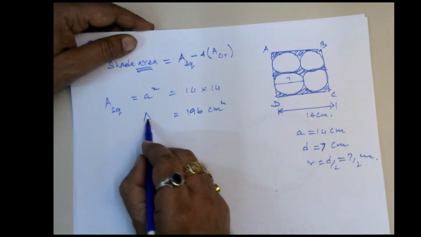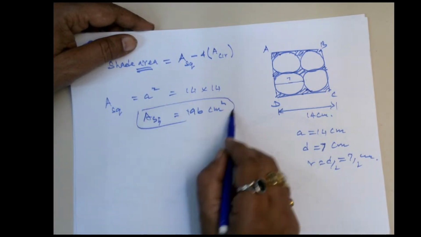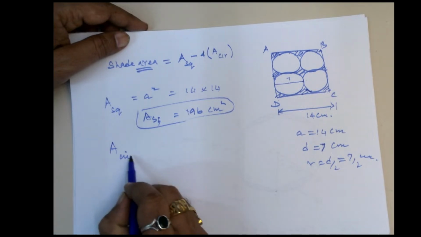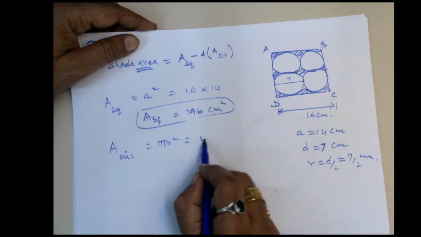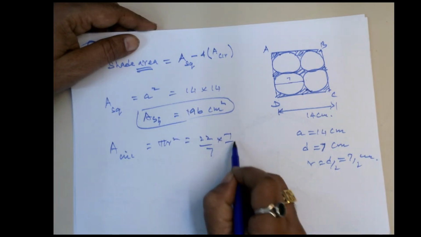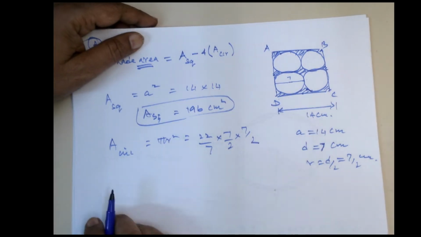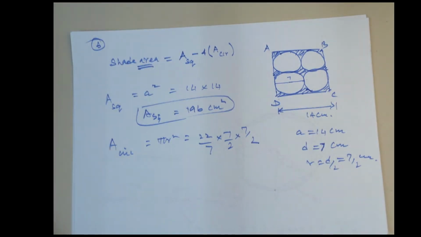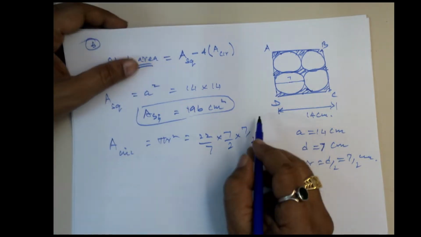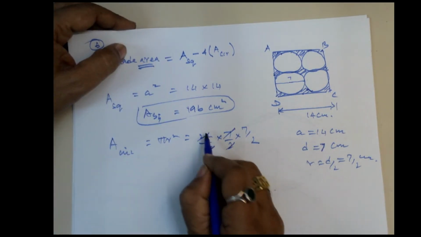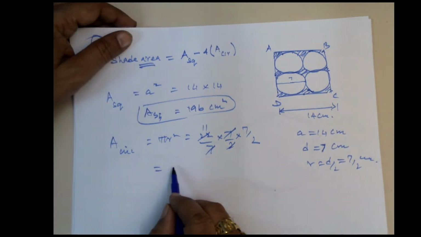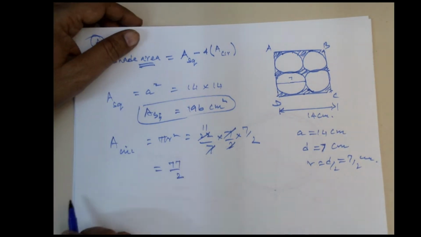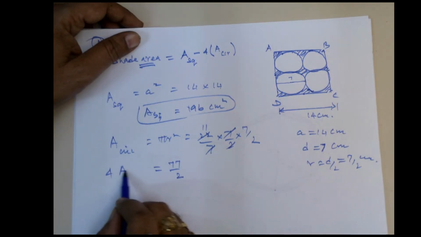So from this, you can calculate the area of circle. So area of circle is pi r squared. So 22 by 7 into 7 by 2 into 7 by 2. Okay. So it gives, that is 7 can be cancelled and this is 11. Is it not? So you have now 77 by 2 and we have 4 circles.